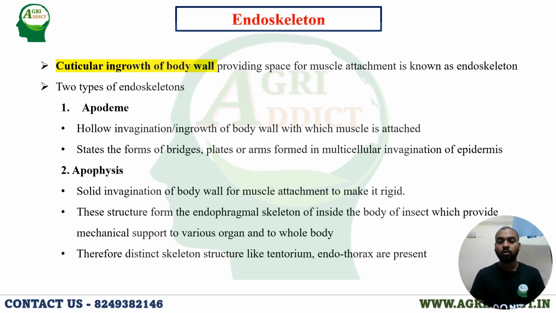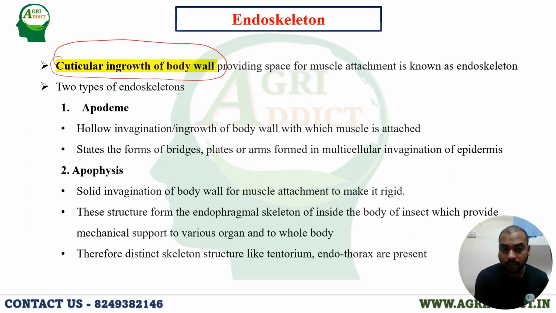Same thing here in the insect body: the cuticular ingrowth of the body wall. As I have told you before, that is cuticle. Ingrowth means that it is present inside the body. So the cuticular ingrowth of the insect body wall provides space for muscle attachment.